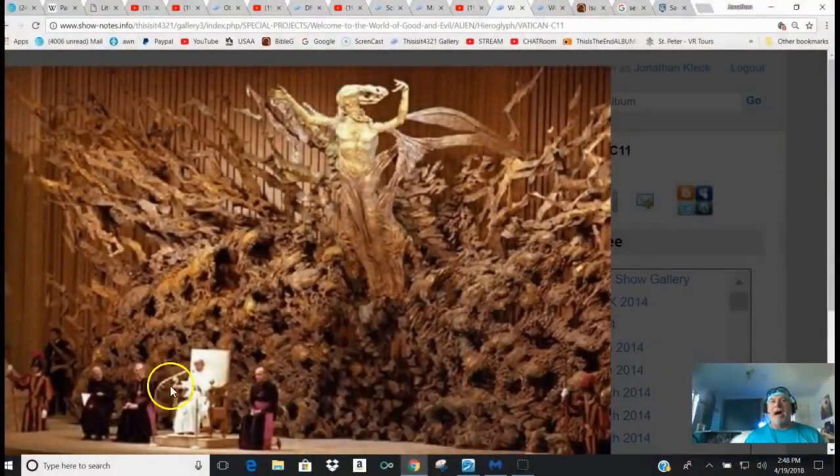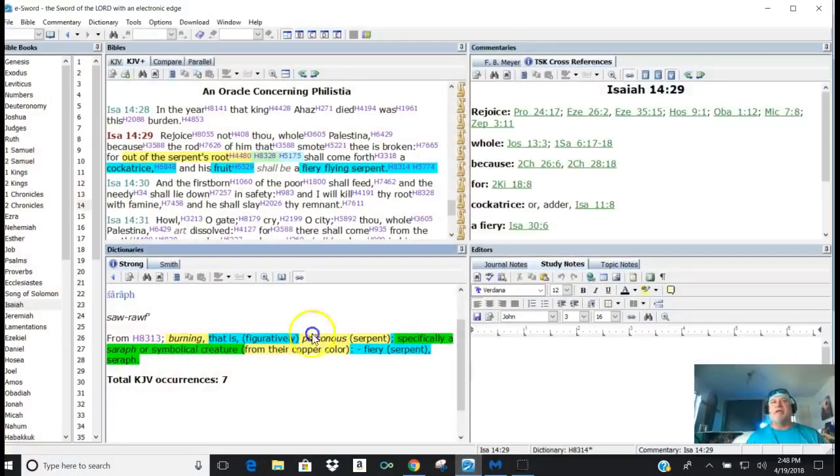The statue is made out of bronze, which is by the definition, right here, a fiery flying serpent. The fruit shall be a fiery flying serpent. And it means burning, poisonous serpent, specifically a seraph or a symbolic creature.